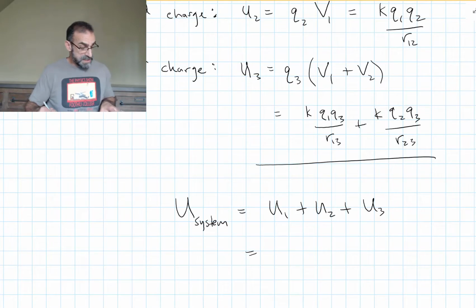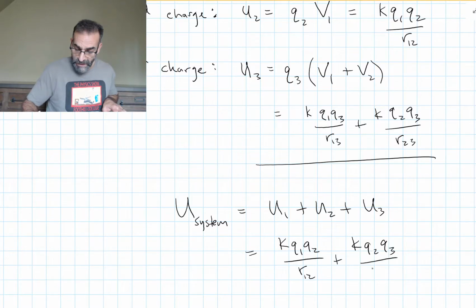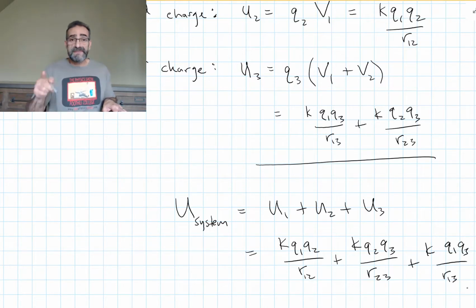And it turns out it's every combination: K Q1 Q2 over R12, K Q2 Q3 over R23, K Q1 Q3 over R13. It's the sum of every combination.